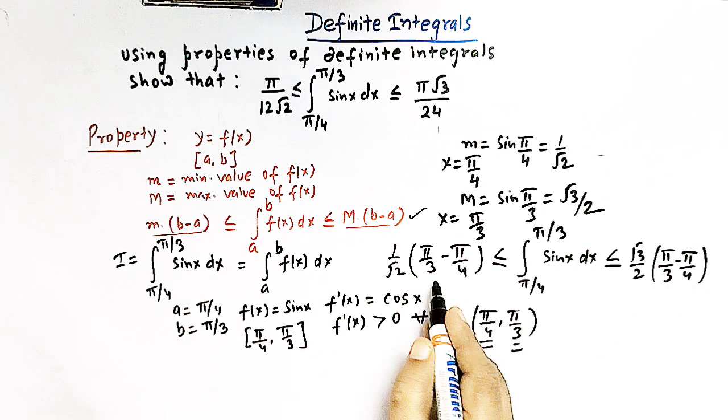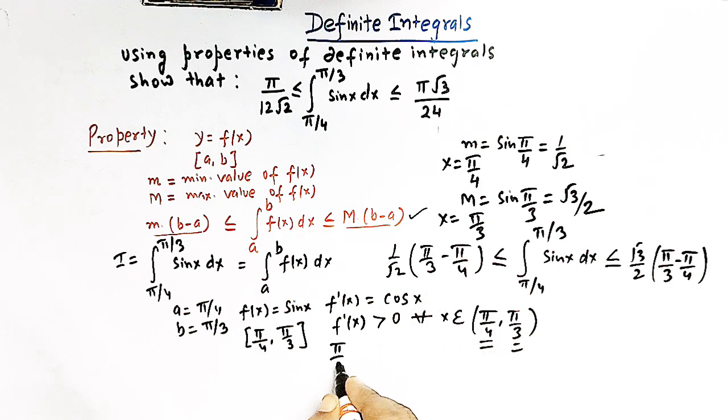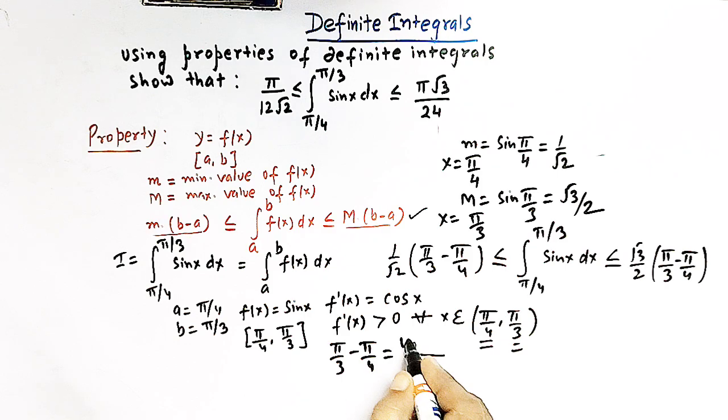So the difference pi by 3 minus pi by 4 is given by, taking the LCM, that is 12, then we have 4 pi minus 3 pi, that is pi over 12.